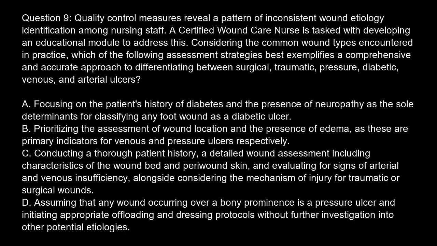Option C. Conducting a thorough patient history, a detailed wound assessment including characteristics of the wound bed and periwound skin, and evaluating for signs of arterial and venous insufficiency, alongside considering the mechanism of injury for traumatic or surgical wounds. Option D. Assuming that any wound occurring over a bony prominence is a pressure ulcer, and initiating appropriate offloading and dressing protocols without further investigation into other potential etiologies.